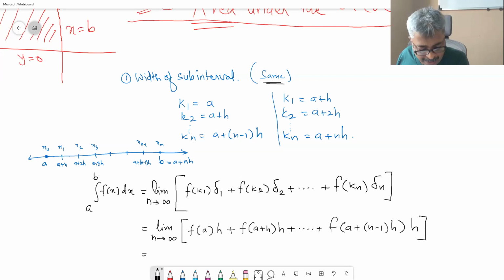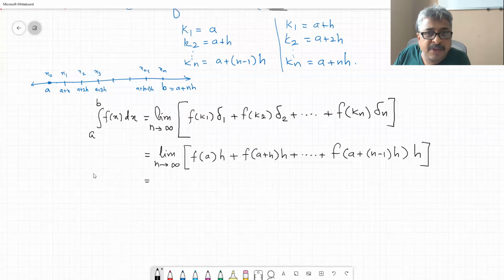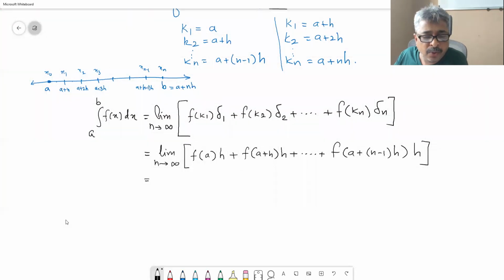And what do you think will happen if this n is tending to infinity? If n is tending to infinity, the width of the subinterval will tend to 0.